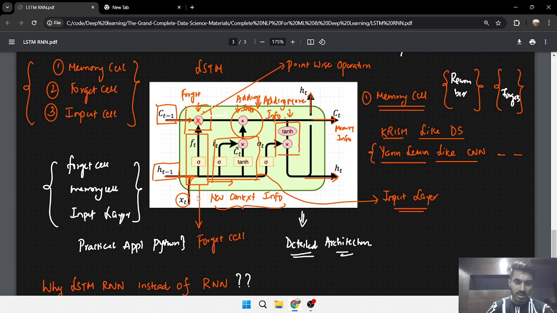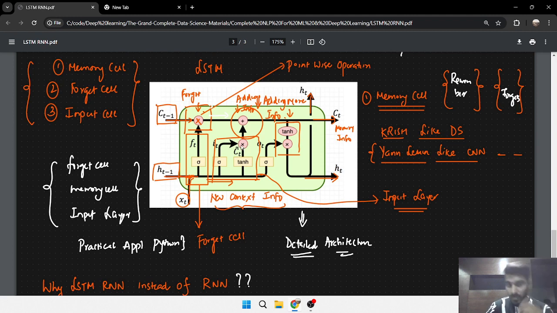So we have passed this information, and this information again, the same f of t. Here input layer is there, and now again we have to give this information. Firstly we will apply a sigmoid activation function, and in the second we will again pass our tanh activation function, and both of these outputs we will combine with a pointwise operation.